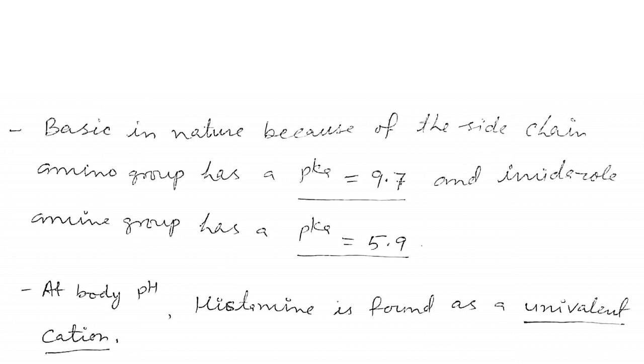Imidazole is also comparatively basic in nature, but not more than the primary amine or ethylamine. So due to the presence of both amino groups, histamine is basic in nature.